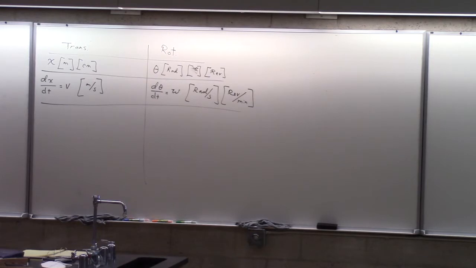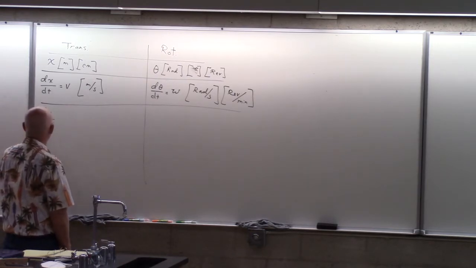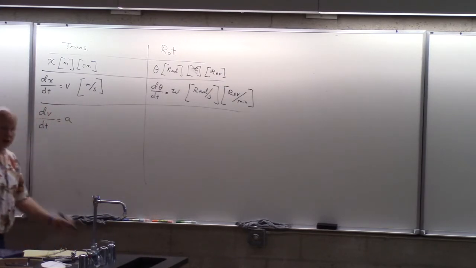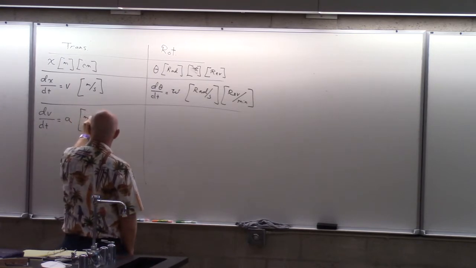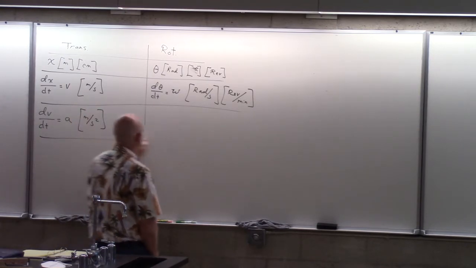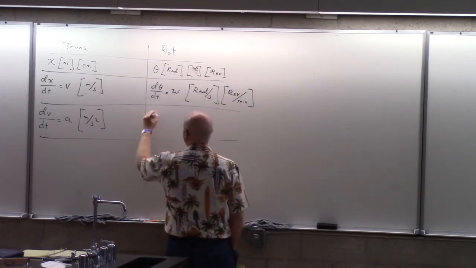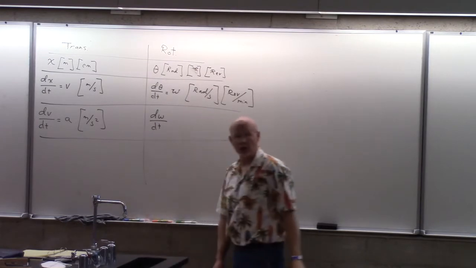And so just like we had a translational quantity called acceleration, which now I'm going to refer to as a translational acceleration, of course measured in units of meters per second squared, then we could put right here, how does its angular speed change with time?